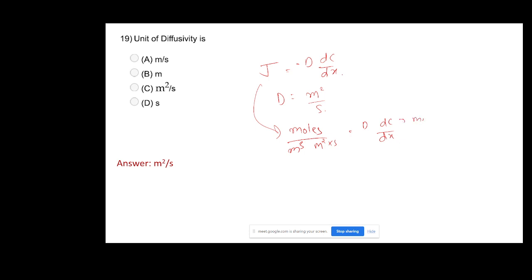This also has unit moles per meter cube into meter. So meter cube gets cancelled out, moles get cancelled out. It is supposed to be meter square per second. I am a bit confused. If someone understands, they can tell me right now, or maybe I will take this up later. I will simplify this and get back to you next time.